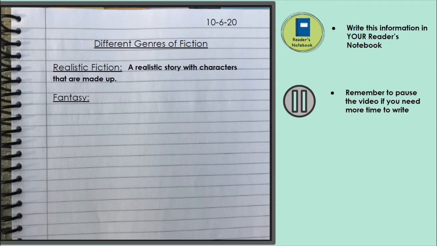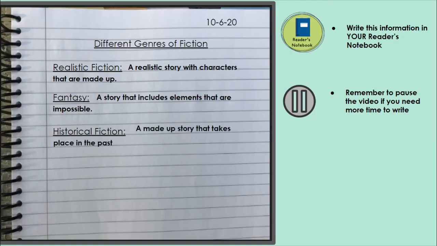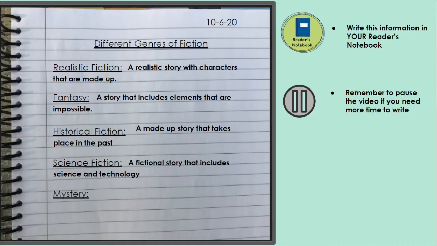Next is fantasy, a story that includes elements that are impossible. Remember, like magic or talking animals. Next, we have historical fiction, a made-up story that takes place in the past. Science fiction, a fictional story that includes science and technology. Mystery, a suspenseful story about a puzzling event, something unknown, or a crime.